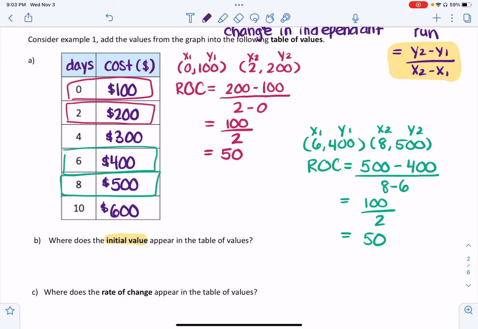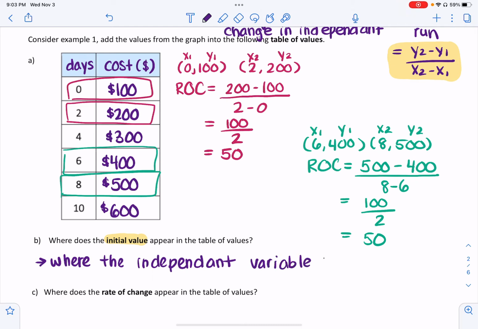So this occurs where the independent variable is 0. So where my x's are 0. So in this case, right here, this 0 days and $100, that is our initial value right there. So that means we rented the car for 0 days and we still have to pay $100 just for even renting the car and signing up to do that.